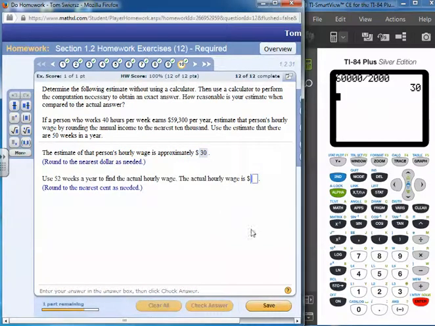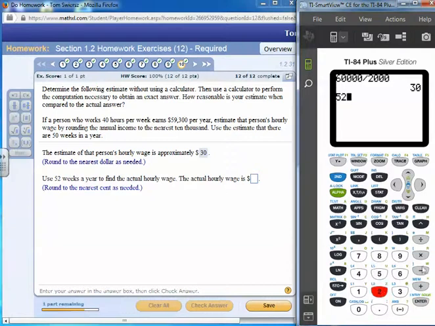Use 52 weeks to find the actual hourly wage. Okay, so 52 times 40 is a total of 2,080 hours, and we'll use the exact value, right? The exact salary. So 59,300 divided by, for 52 weeks, 2,080 hours gives us an hourly wage.